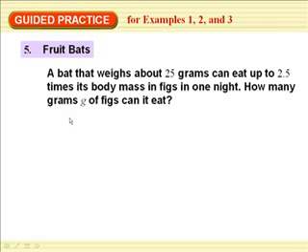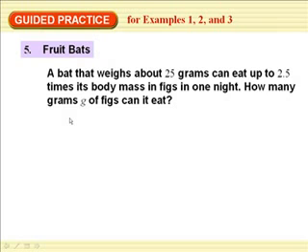A bat weighs about 25 grams and can eat up to 2.5 times its body mass in figs in one night. Man, what pigs those bats are. How many grams of figs can it eat? I don't know.